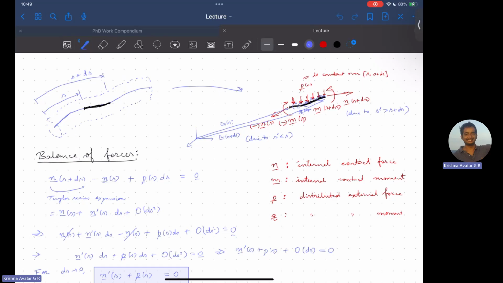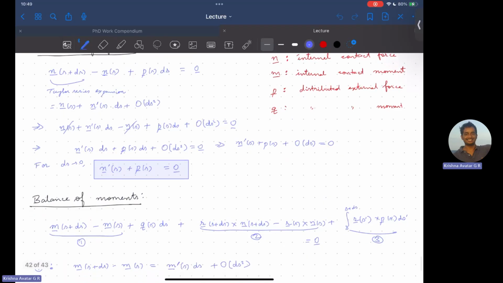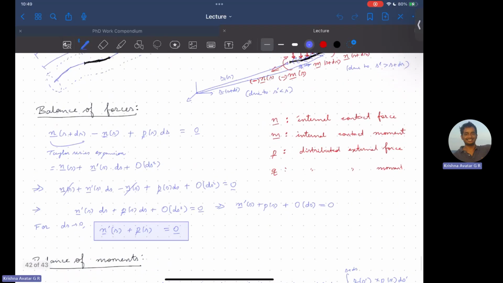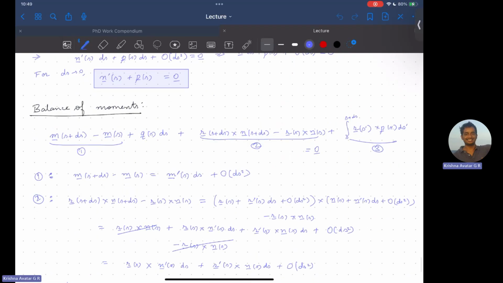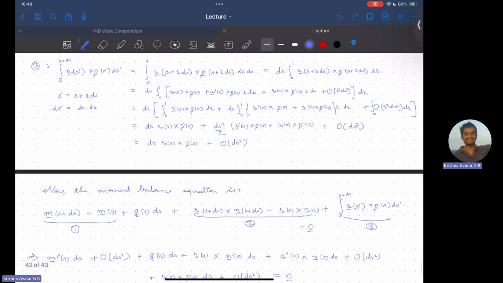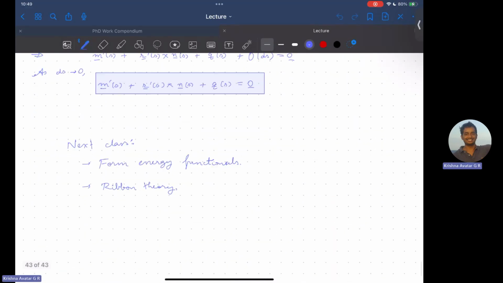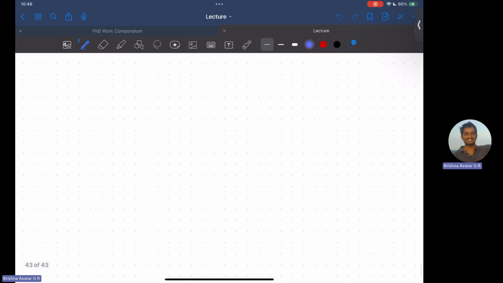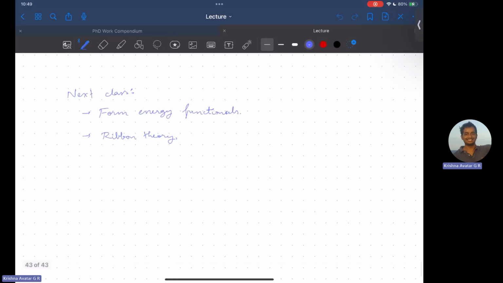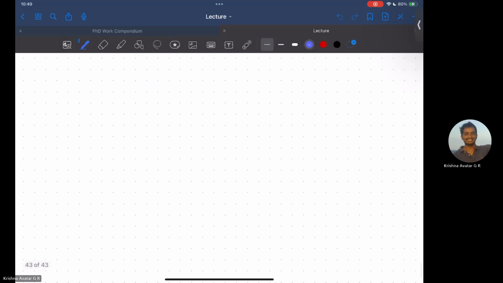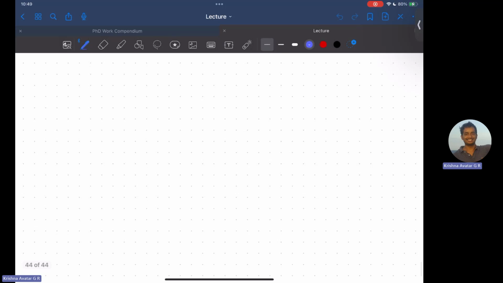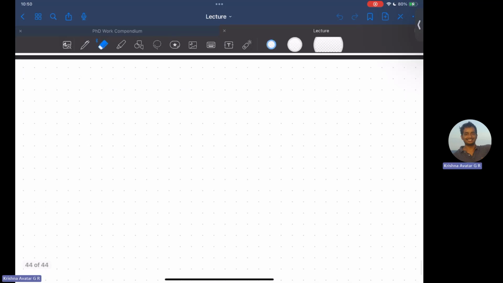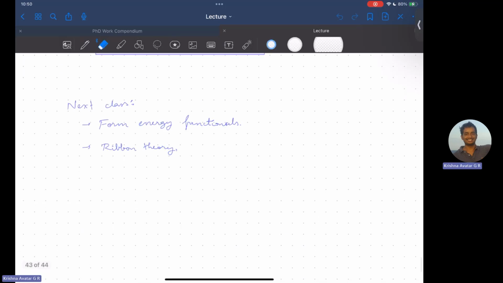Then we could derive two equations for balance of forces and one for the balance of moments, in terms of vectorial representation. Now, what we would like to do is, today we'll talk about the energy functional and then move into a bit of ribbon theories.